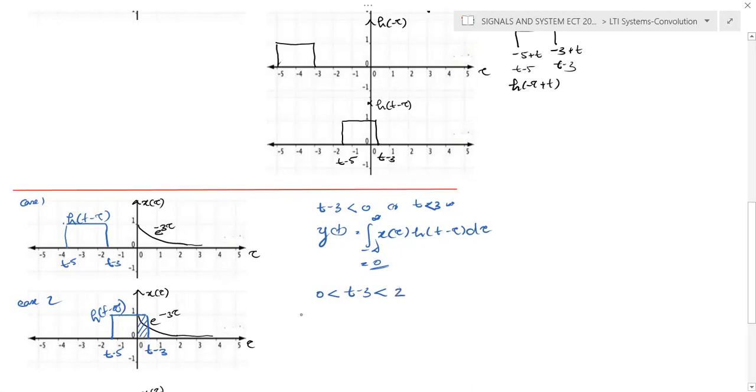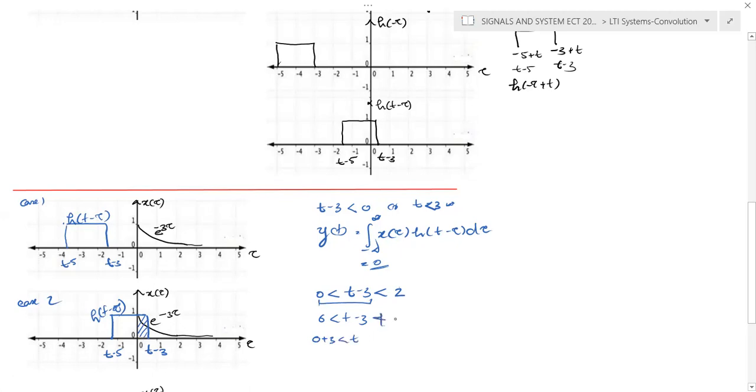So you can evaluate this integral for the duration of 2 units. You can start from t minus 3 greater than 0 and less than 2. For this particular limit, you will get exactly the same result. If you rewrite this, 0 less than t minus 3, you can rearrange it: 0 plus 3 less than t.